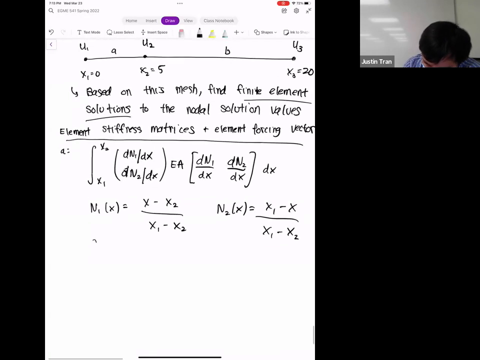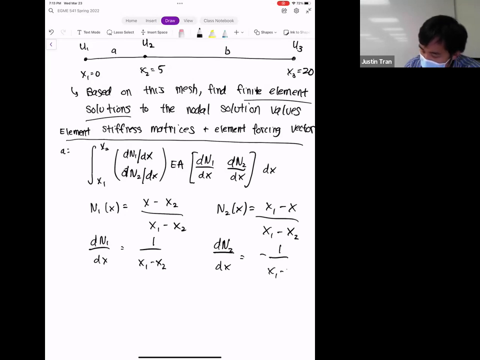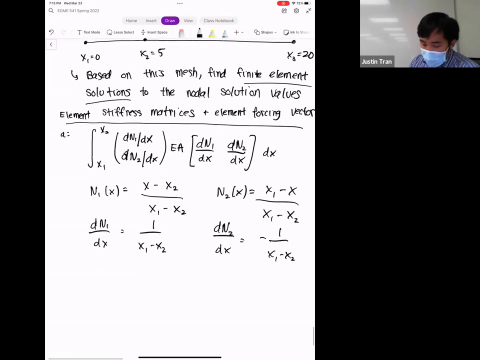So dN1/dx is just 1 divided by (x1 minus x2). Then dN2/dx is equal to minus 1 over (x1 minus x2). For this particular element, we know what x1 and x2 are.